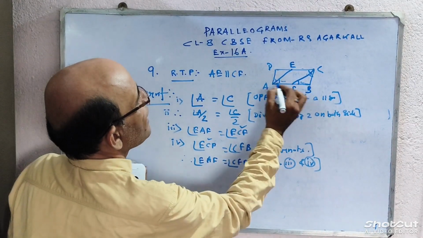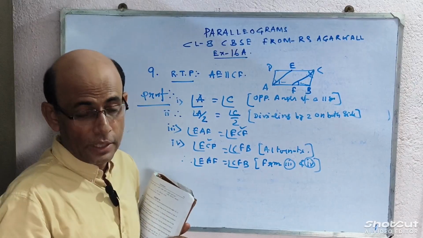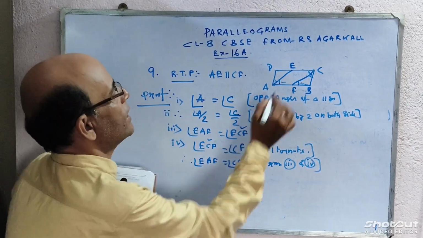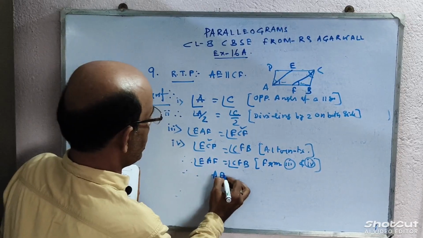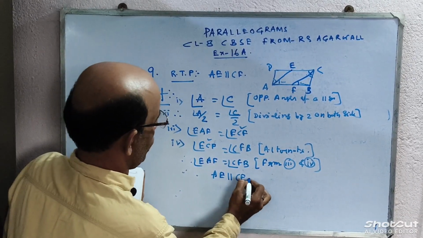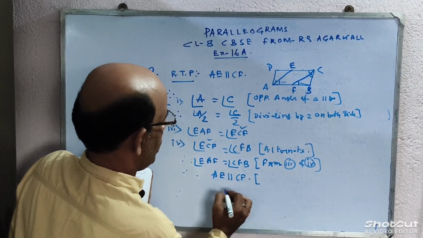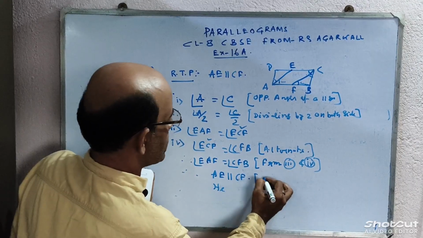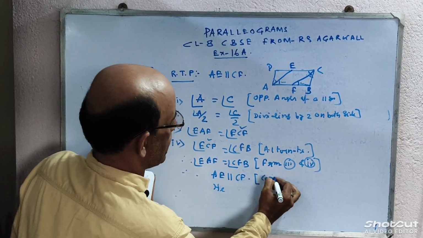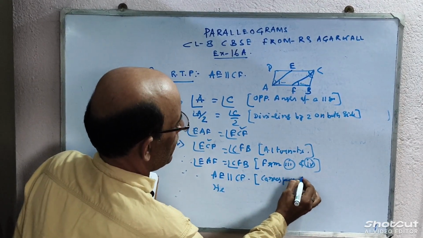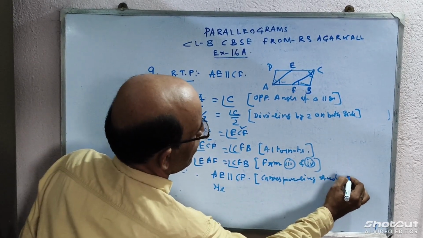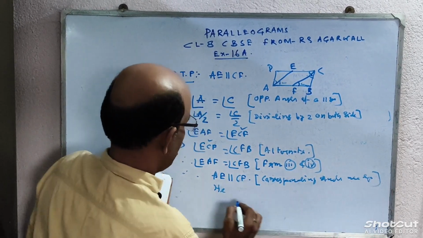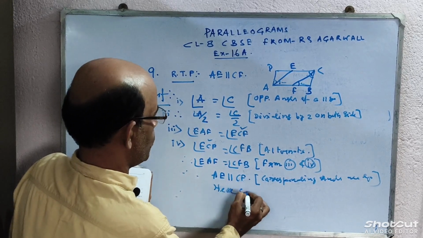But these two angles are corresponding angles. If corresponding angles are equal, then the lines will be parallel. Therefore, AE is parallel to CF. Hence proved, but the reason will be corresponding angles are equal.